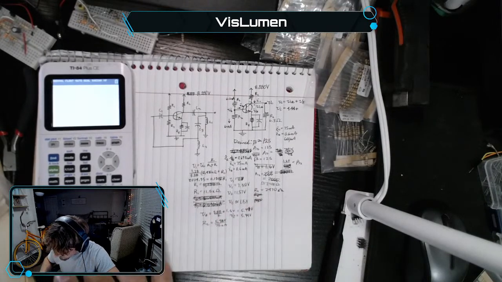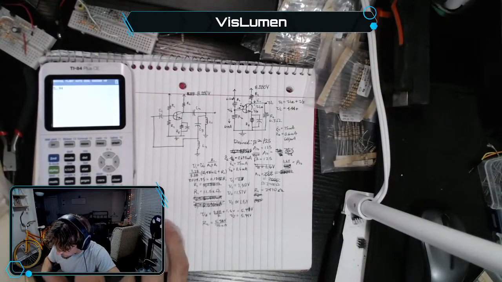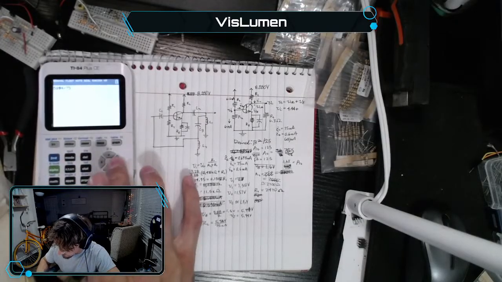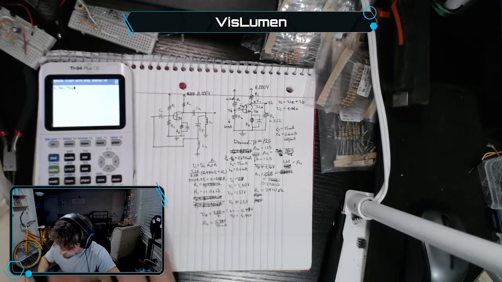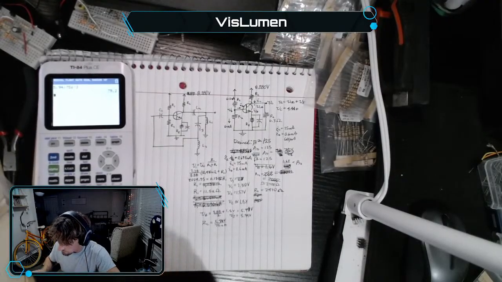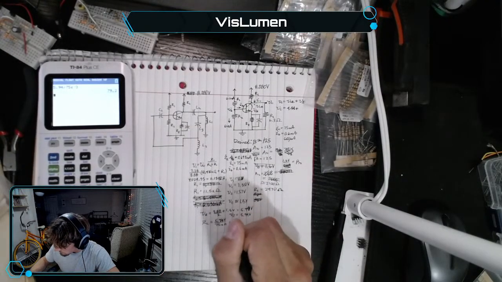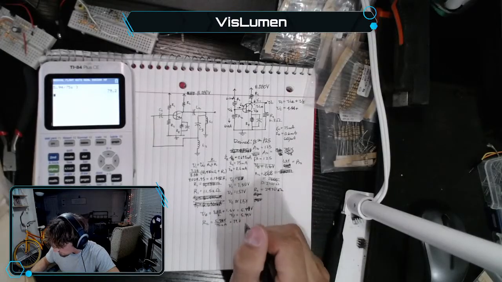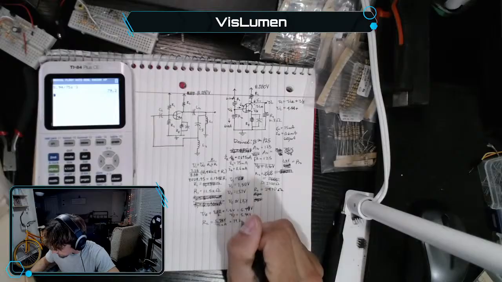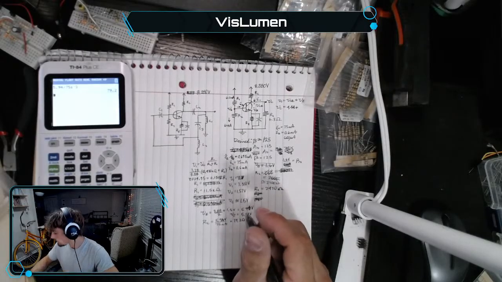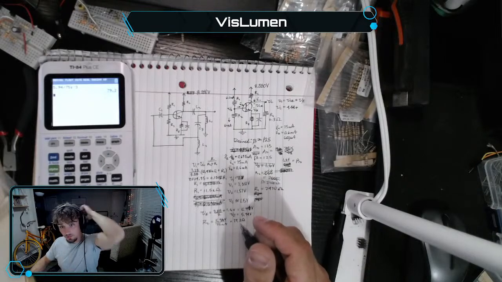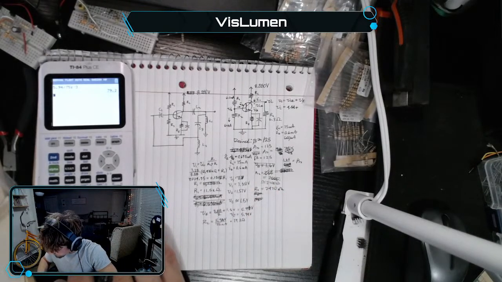That's what it is. 5.94 divided by 75 E to the negative 3. Okay, so that equals 79.2 ohms.